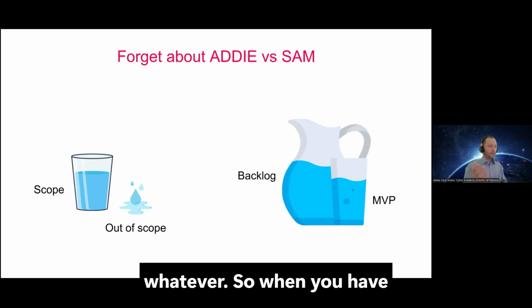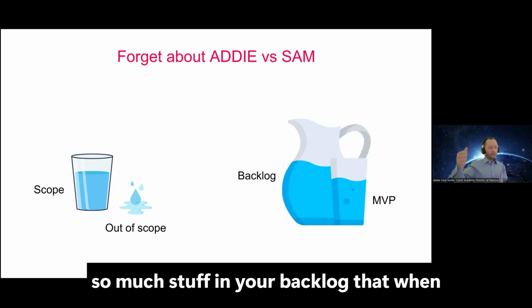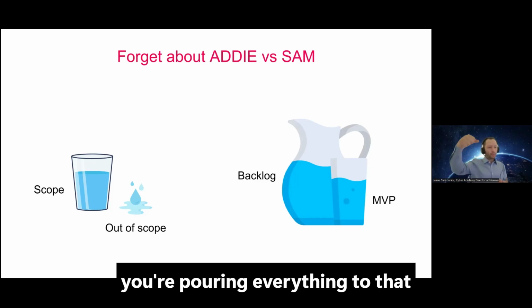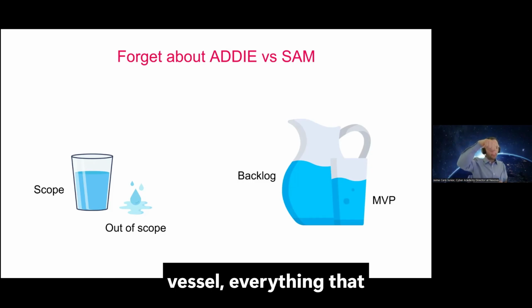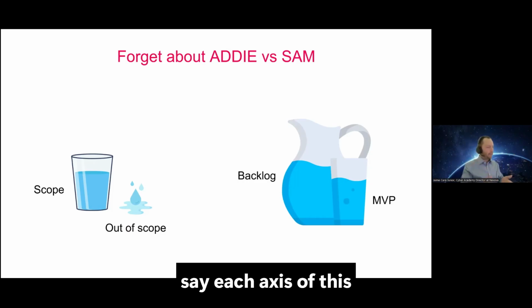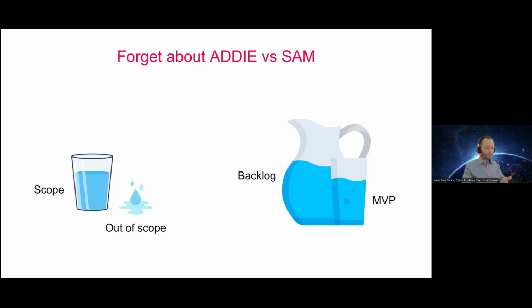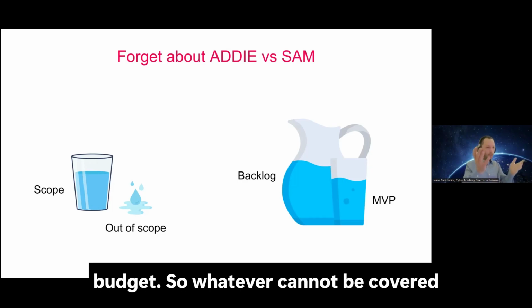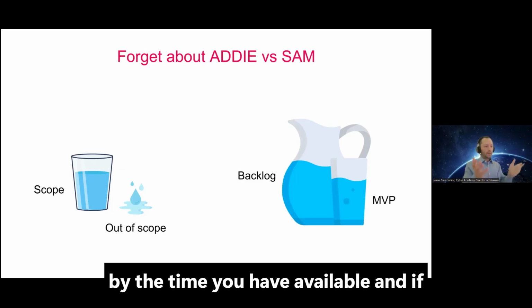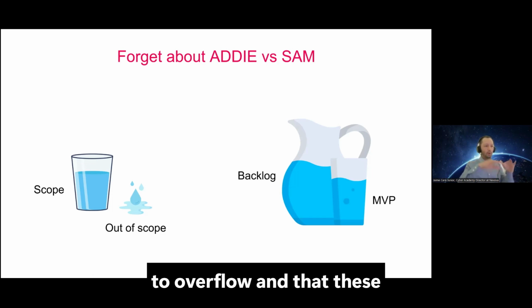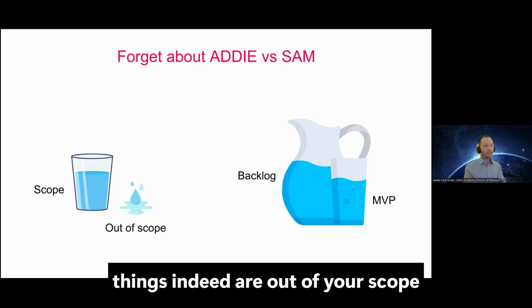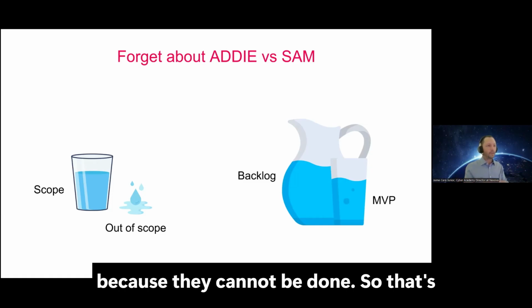So when you have so much stuff in your backlog, and you're pouring everything into that vessel, let's say one axis is time and the other one is budget. Whatever cannot be covered by the time you have available and the money you have to spend is going to overflow, and these things that will be overflowing indeed are out of your scope because they cannot be done.